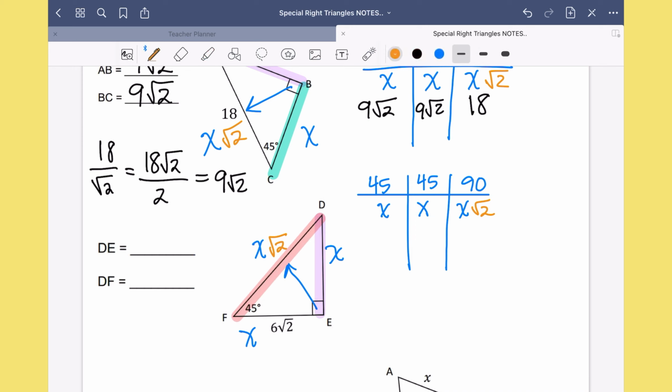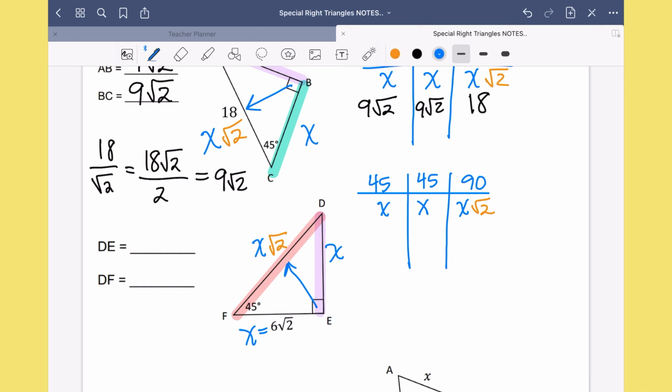So let's fill in the table. We know that X is equal to, right here, X is equal to 6 times the square root of 2. And it doesn't matter which leg we used. They're both the same, right? They're both X. So we already know one of them, DE, right here.